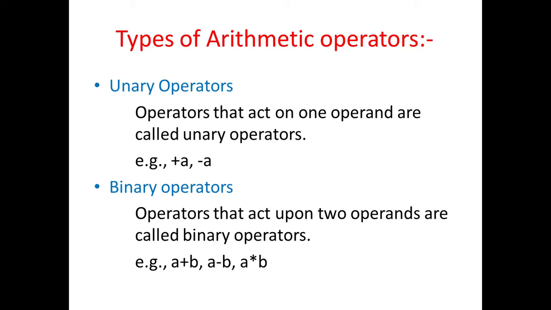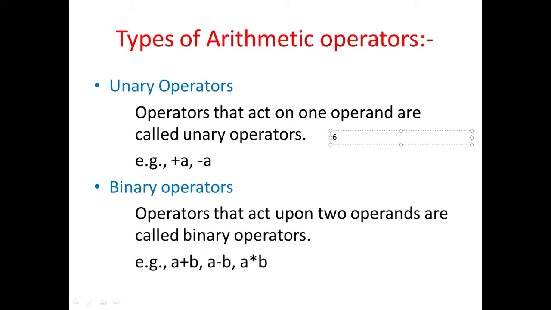They need two operands. But those operators that can work on a single operand are called unary operators. For example, if we have a number 5 and we use unary plus, we write plus 5. If we have a number 6 and we use unary minus, then we can write minus 6.